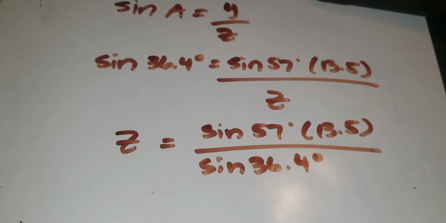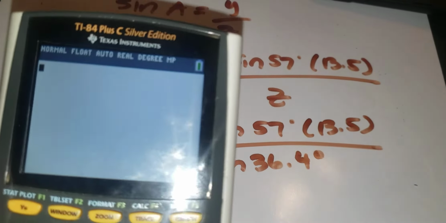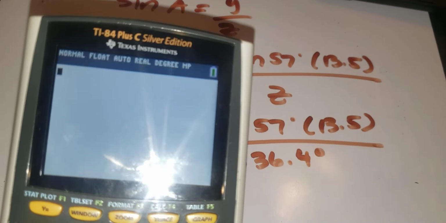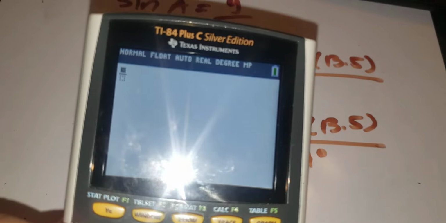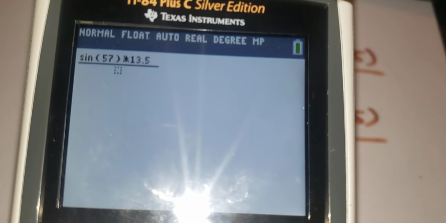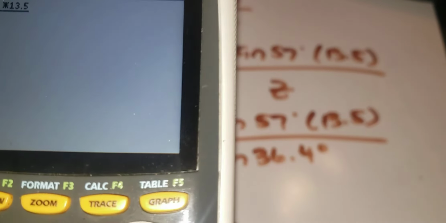Now we're going to put that in our calculator. Again, I'm just going to use the fraction feature. It's out of focus. So sine of 57 degrees times 13.5 over sine of 36.4.